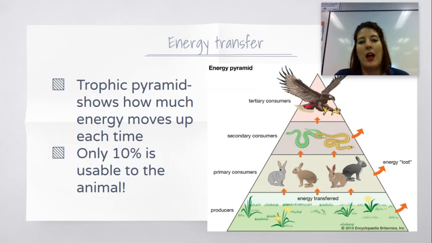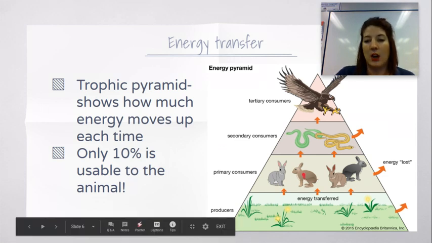So there is a limit. And the reason why we don't have a 12th level consumer is because there just isn't enough energy or calories the further you go up the pyramid. Therefore, it's a lot more efficient to eat on the level where the rabbits are than to eat on the level where the hawk is.